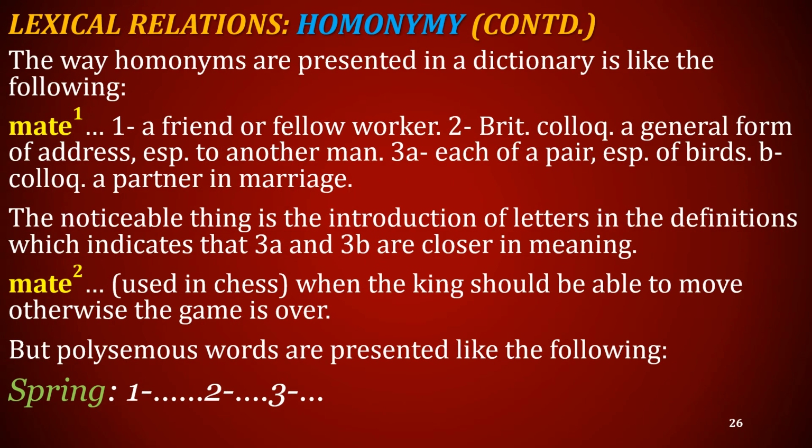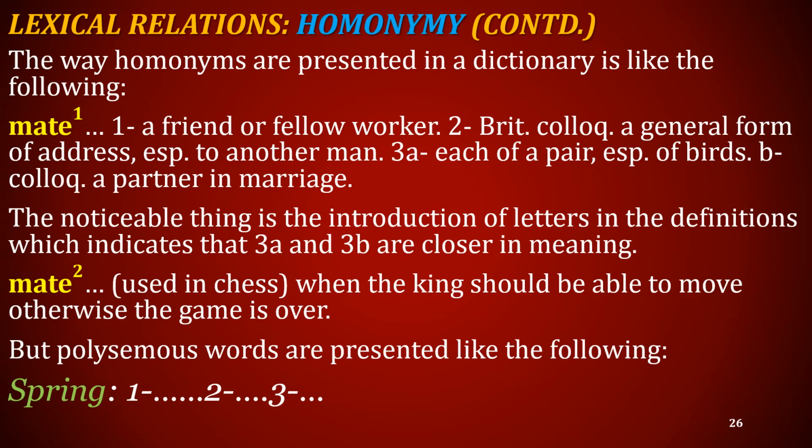To answer this question, we should see how these two lexical relations are presented in the dictionary. The way homonyms are presented in the dictionary is like the following. As you see, we have a small number above each of these, mate 1 and mate 2.